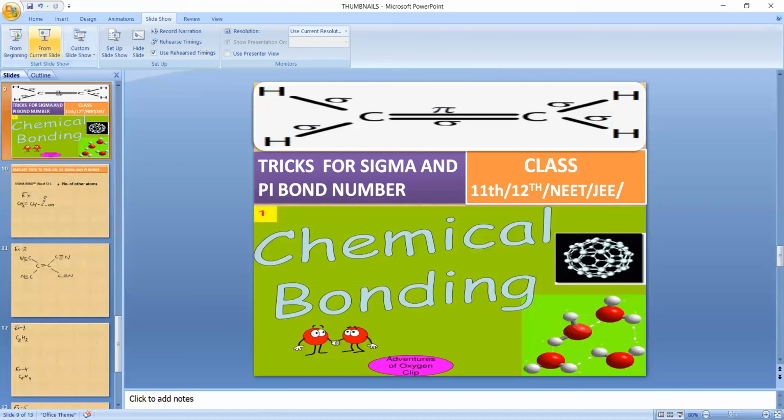Chemical bonding: the short trick to understand the number of sigma and pi bonds. So let us start.